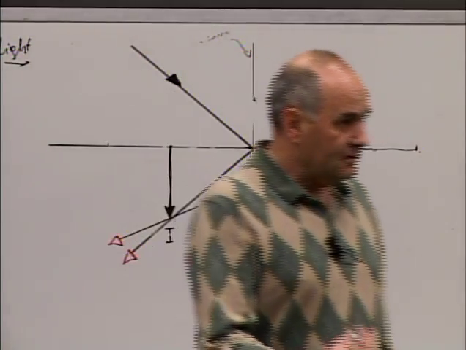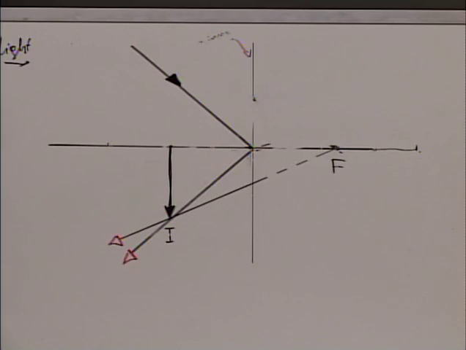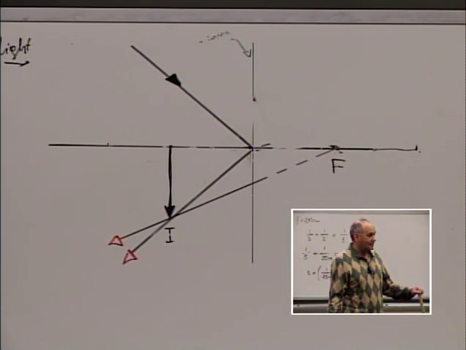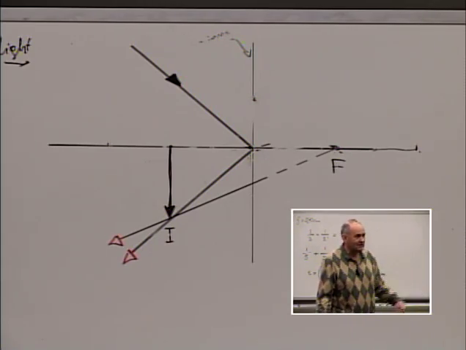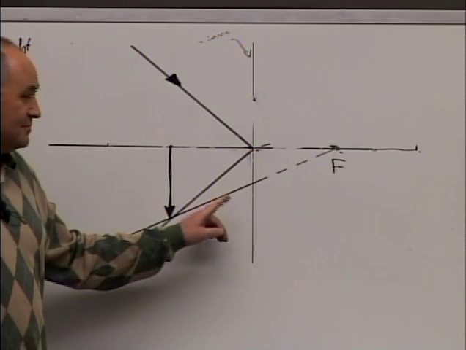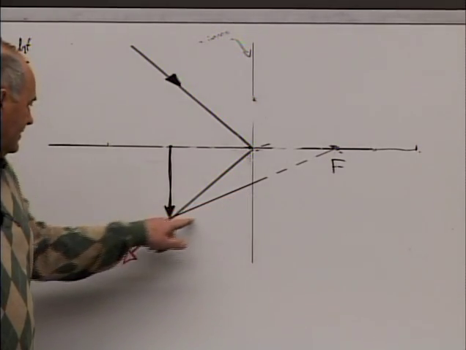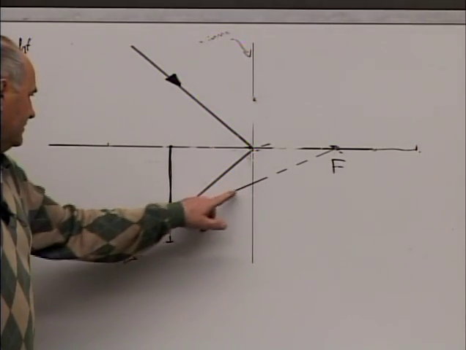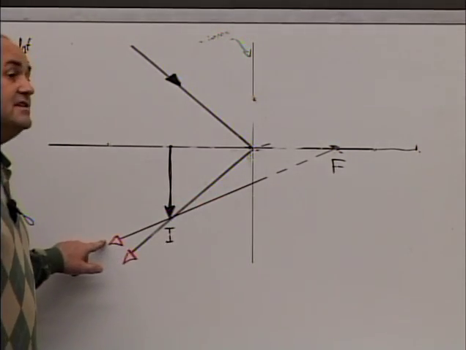Now, image focal ray was obtained from what object ray? Parallel ray, correct. So after reflection of the parallel ray, we got the image focal ray here.